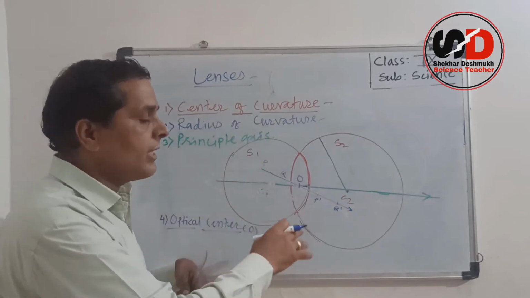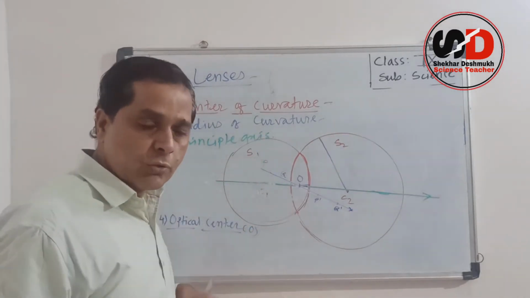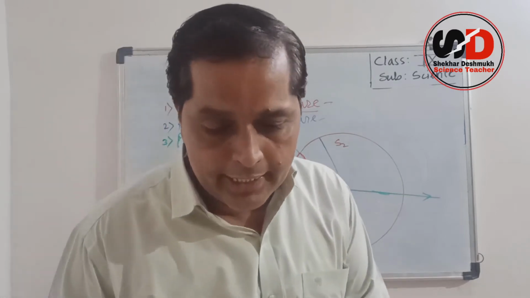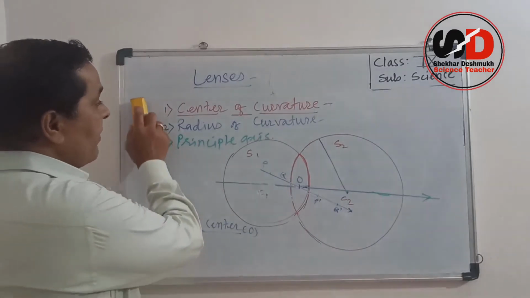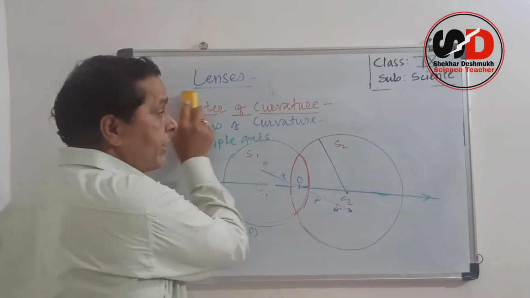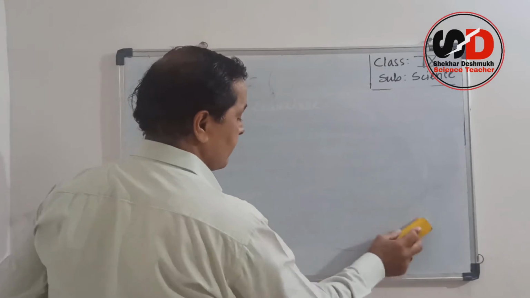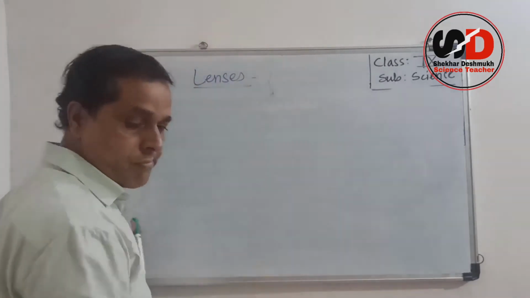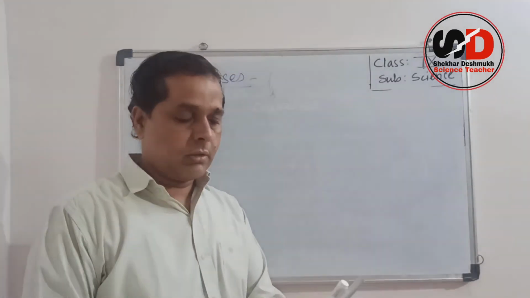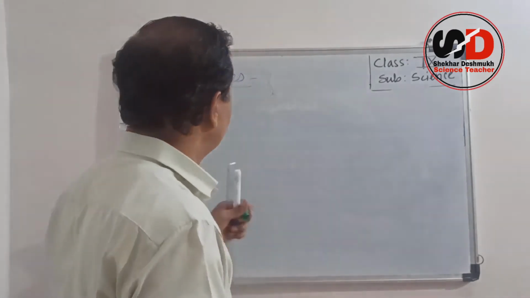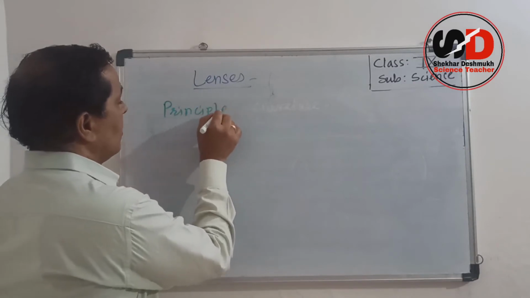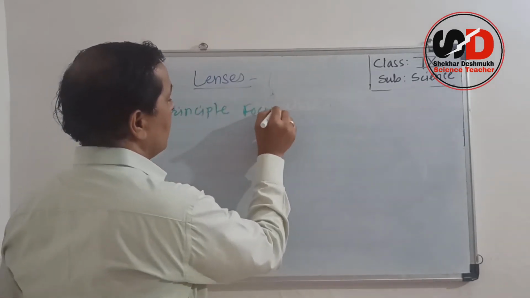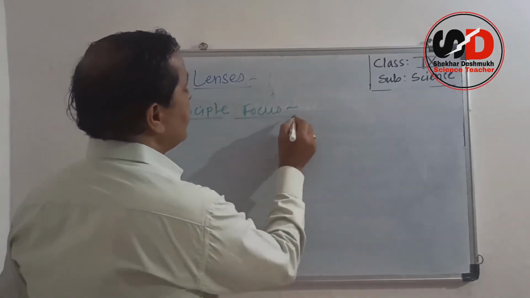Like this, all these are true for concave lens also. So the next, fifth, is principal focus.